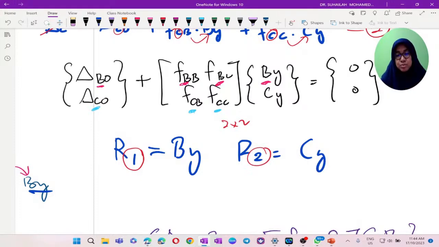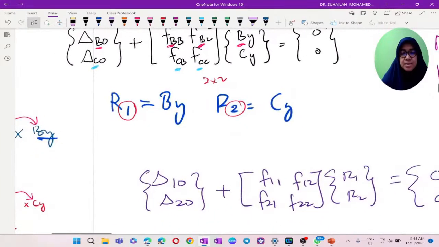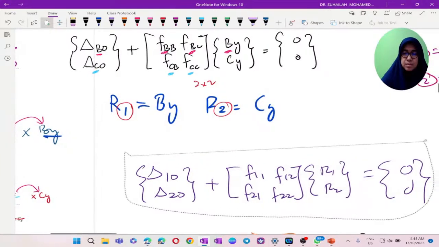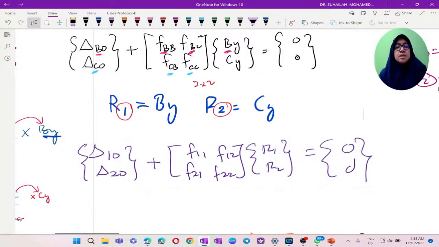We write the equation and what we get is like this. So all B that we find in the compatibility equation, we replace by number 1, 1 for redundant 1.